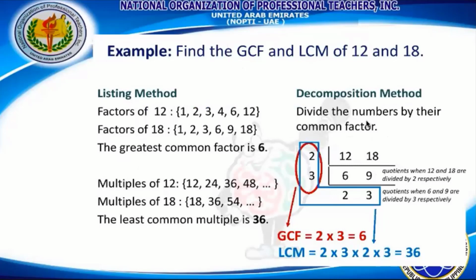Okay, so yung 12 and 18, pwedeng 2 times 6, 3 times 6. That's also 18. Correct? So, divide the numbers by their common factor.